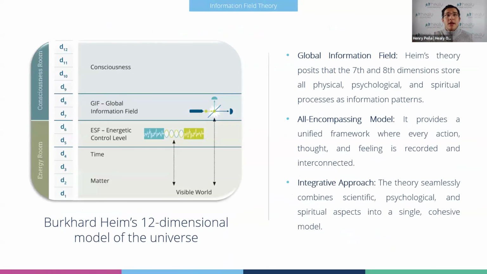We actually have right here a graphic that explains this very well. This was another model, a 12-dimensional model that was created by Burkhard Heim, where he divided the universe in 12 different dimensions. The very first 6 that we have at the bottom, where it says energy room, have to do with everything that is material.